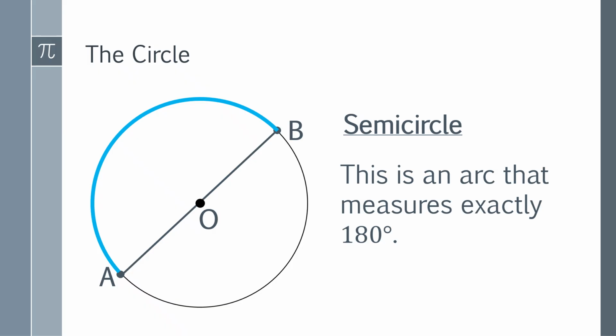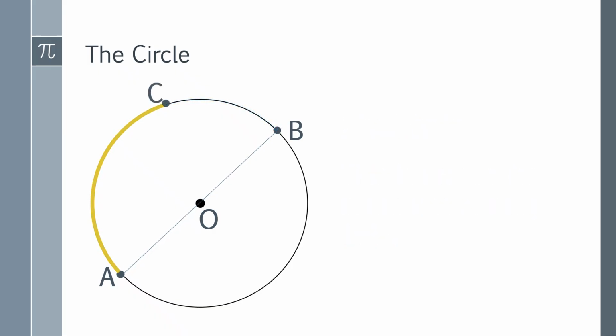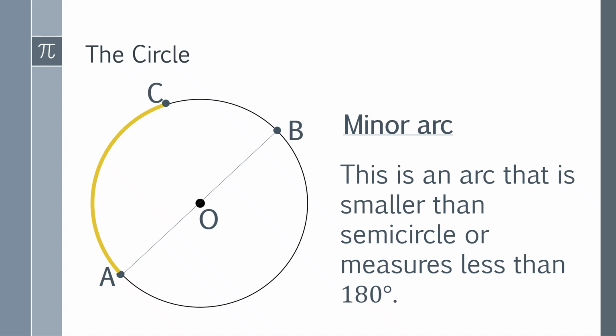That's another term. I have a point C somewhere there, and this is an indication of the arc AC, which is known as the minor arc. When you say minor arc, this is an arc that is smaller than a semicircle, or measures less than 180 degrees.